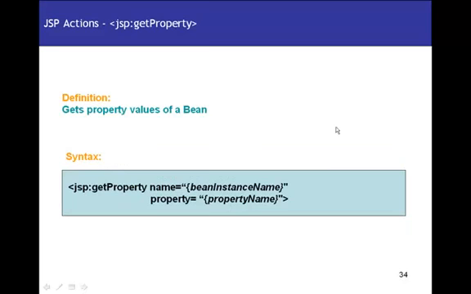So now we know how to instantiate a bean in your JSP page, but how do you really use the values, the properties of those beans in your JSP page? You can do that using the JSP getProperty action element, right? So this basically gets the property values of a bean, and this is the syntax for JSP getProperty. JSP getProperty name is equal to bean instance name.